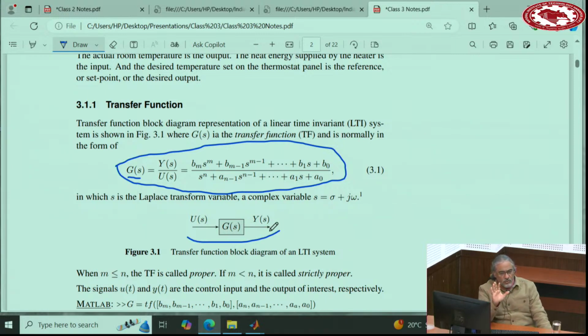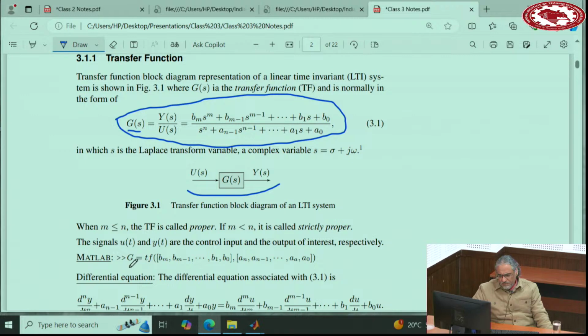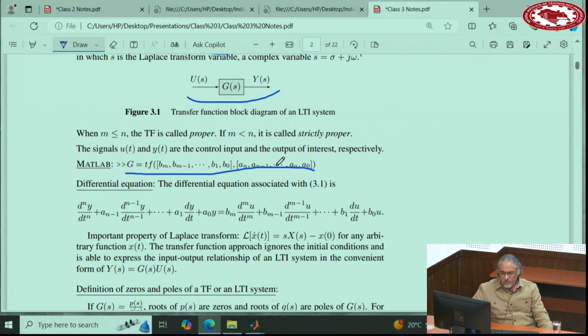So remember, you can use block diagrams, differential equations, or Laplace transform to model one physical system. These are different ways of modeling a physical system. This is one model of the physical system. We already used it in the converter, like 1 over Ls plus R. In MATLAB, you can use the command TF, give these coefficients, and it actually generates your system. So this transfer function and this differential equation are equivalent.